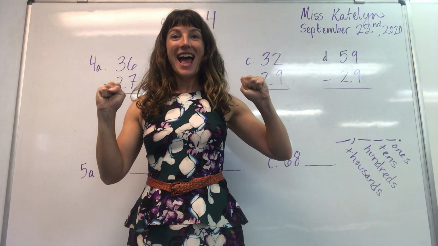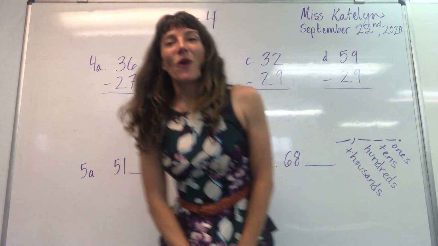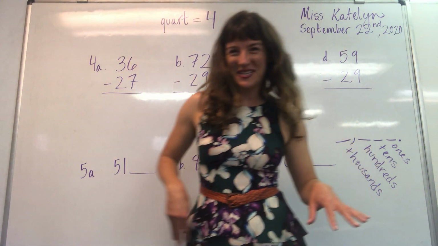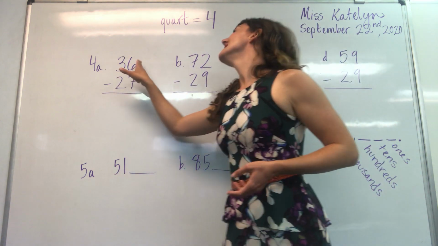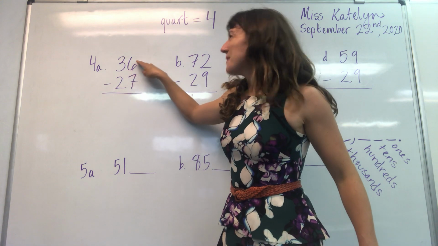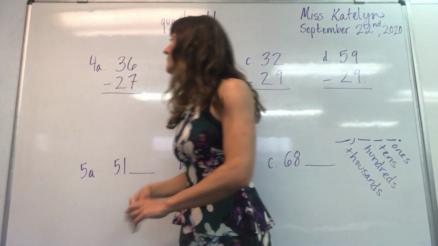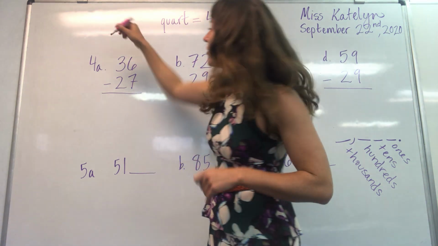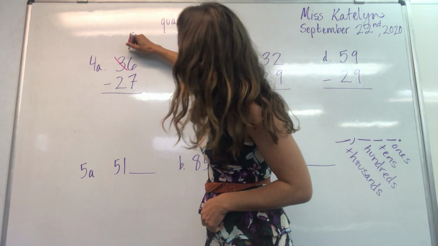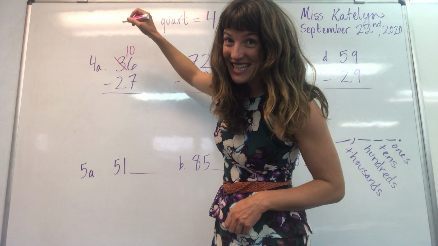Uh-oh. I cannot take 7 away from 6. So I have a special song. It goes like this. Miss Hannah taught me this song. Here it goes. 6 minus 7 can't be done because the top number's smaller than the bottom one. So I borrow from the, whatever the next number is, 3, and turn it into 10 ones, right?